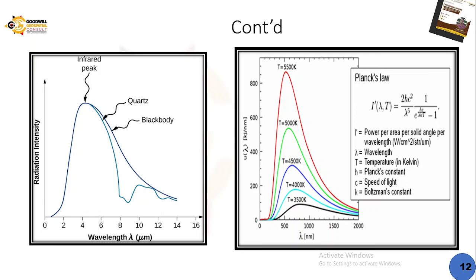That's what we call the wave particle duality of light. Light behaves as a particle and also as a wave. So that's what we call the wave particle duality.